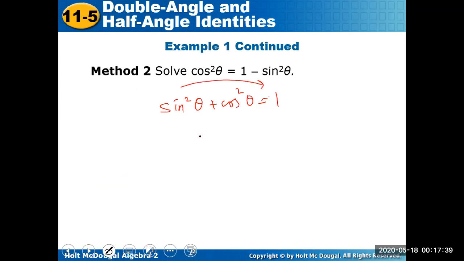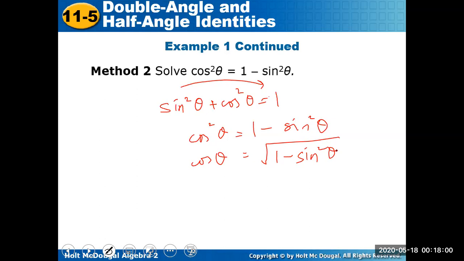So it becomes cosine square theta equals 1 minus sine square theta, and therefore cosine theta is square root of 1 minus sine square theta.